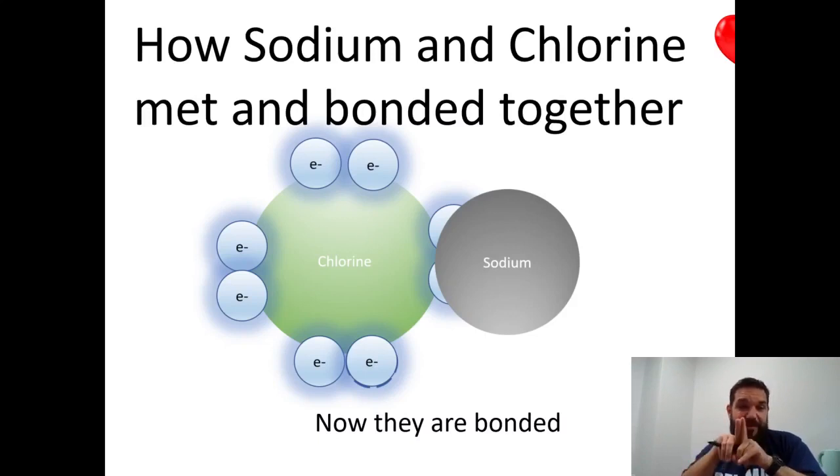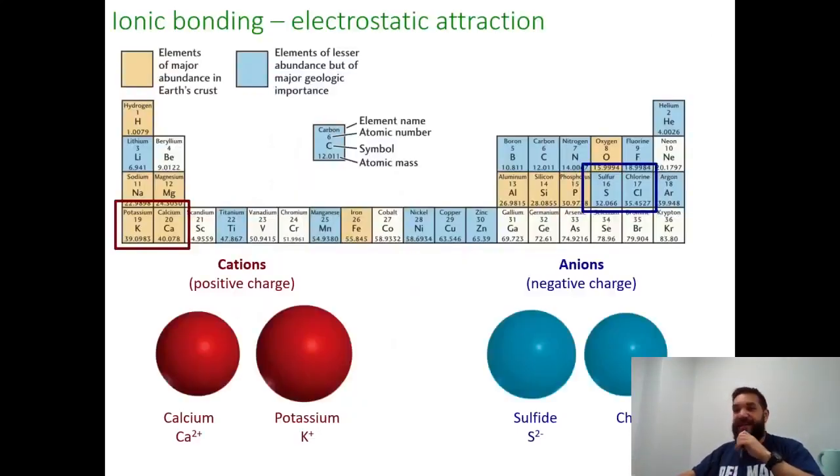They've already reacted with each other. They're happy now. So instead of reacting with your body tissues, they've reacted with each other. And now it's salt. It's NaCl. It's sodium chloride. It's salt. And you need it to live. Isn't that weird? By itself, sodium and chlorine, they'll kill you. But when they bond together, you need it. You can't live without it. So that's how it all works.